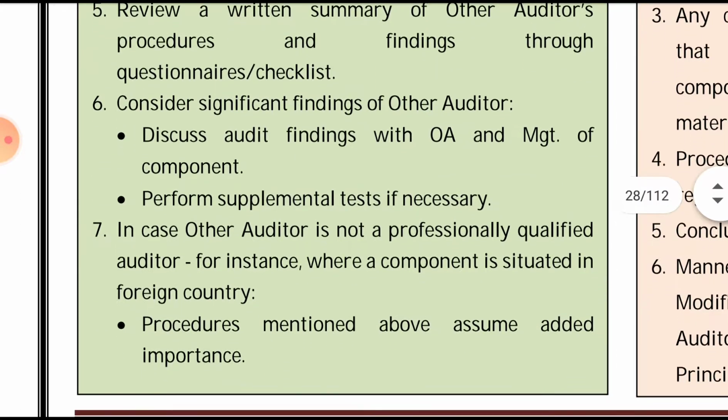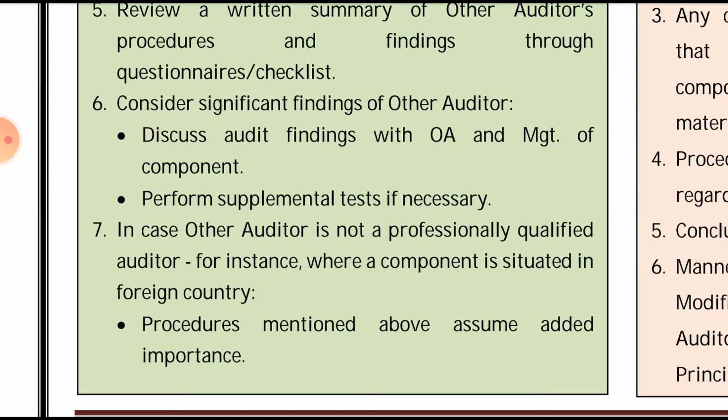Then the principal auditor should consider the significant findings. For instance, if the other auditor has identified findings of significant importance, the principal auditor should also take those significant findings into consideration.